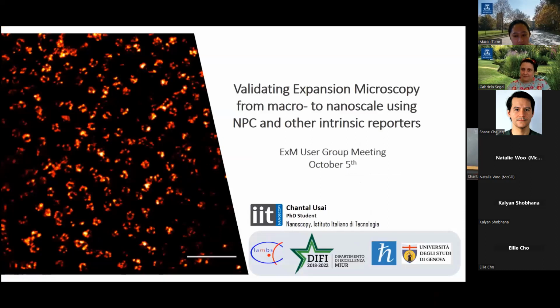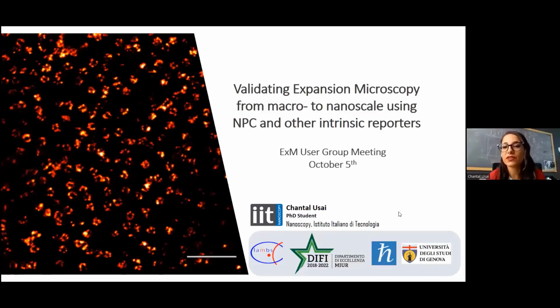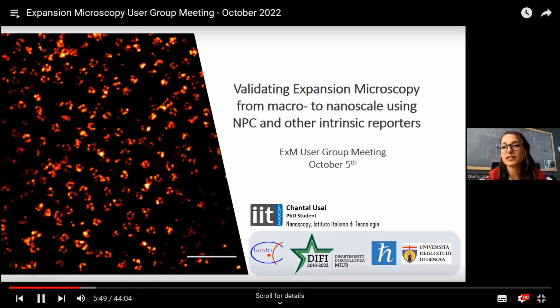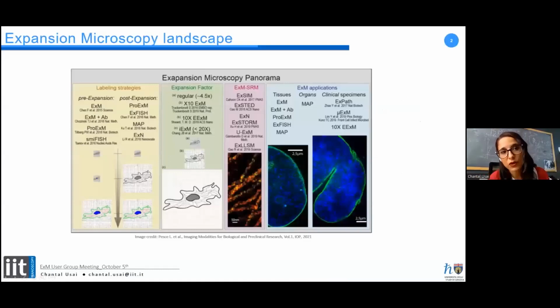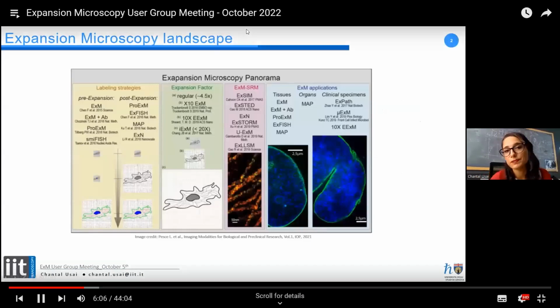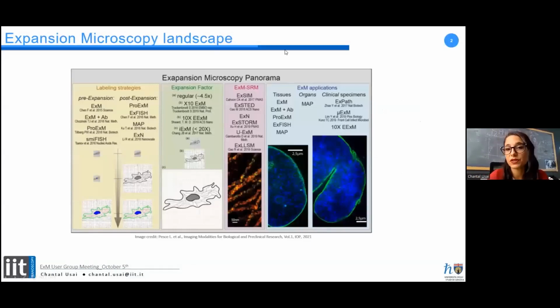Okay, so today we're going to talk about the problem of expansion validation, and especially how this problem has been faced in our group using the nuclear pore complex as an intrinsic reporter. So, as we all know, even though expansion microscopy is quite a recent technique, the panorama is already quite vast, and we have a lot of protocols already available.